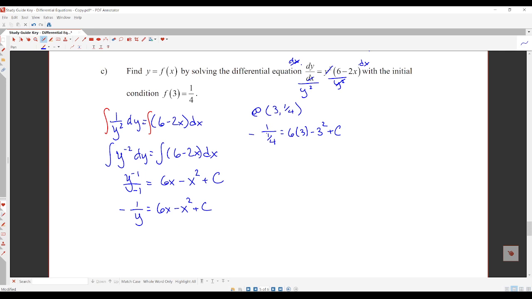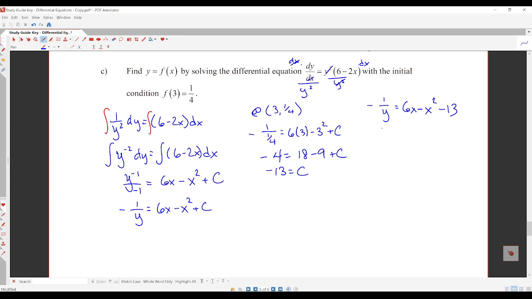So this 1 over 1/4, I could read as the reciprocal of 1/4, which is 4. Work that out, it does become negative 4, equals 18 minus 9 plus c. 18 minus 9 is 9. Subtract 9 from both sides, and I get that c is negative 13. So we now have negative 1 over y equals 6x minus x squared minus 13.